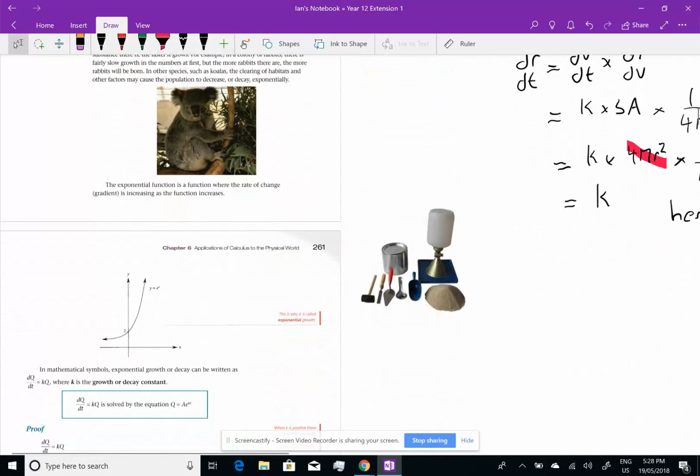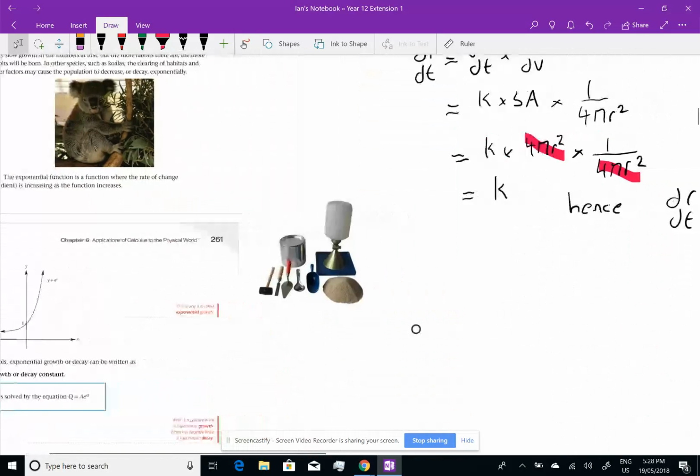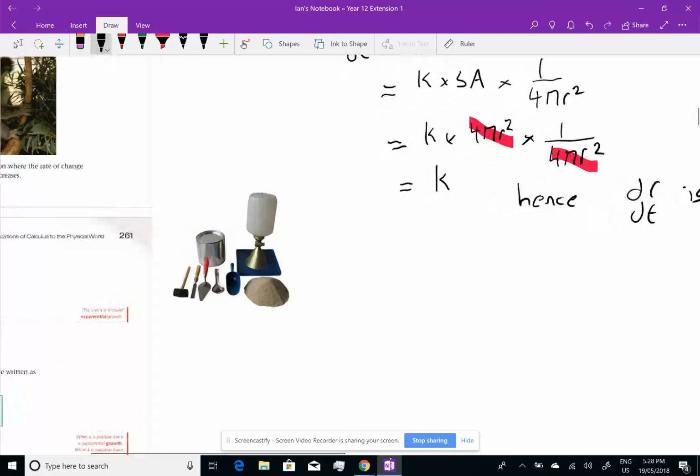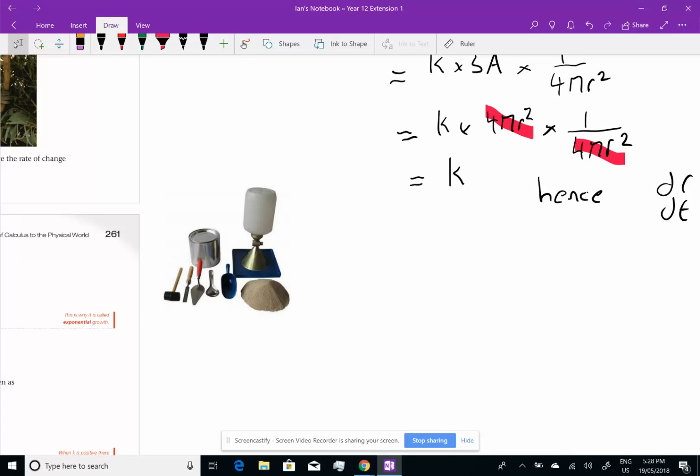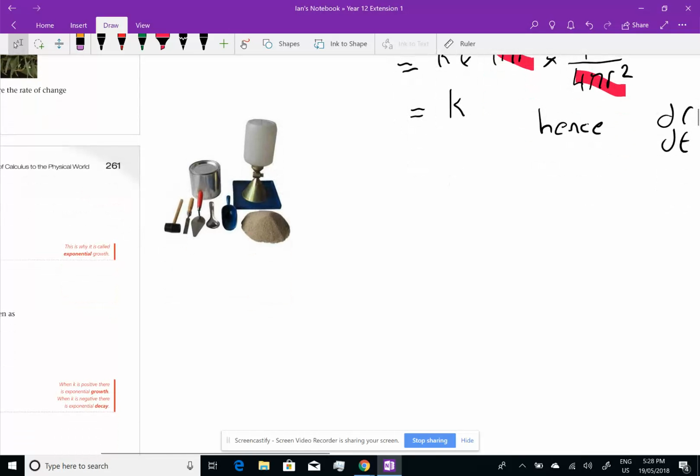Okay, so I'm going to draw a diagram, but this is the sort of thing we're looking at. We've got a chute and it's dropping sand at 8 cubic meters. So let's draw ourselves a cone now and put our measurements in.